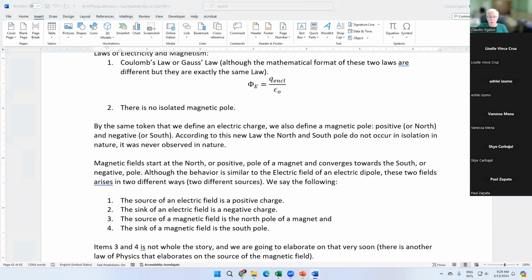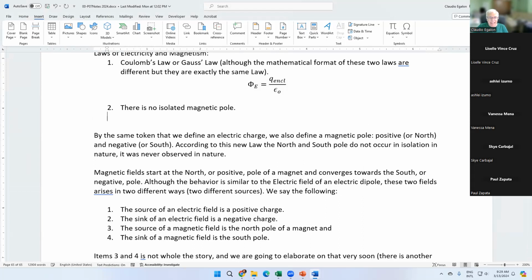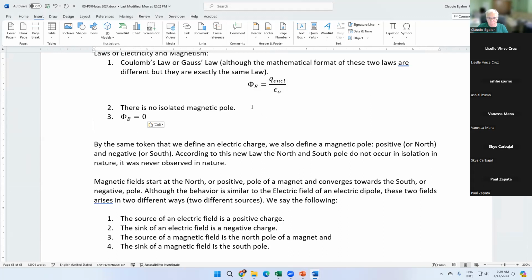And because there is no isolated magnetic monopole, the magnetic flux is expressed in the following way. Does it make sense? We have a zero here on the right side.